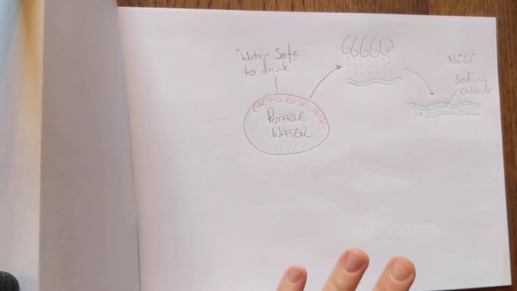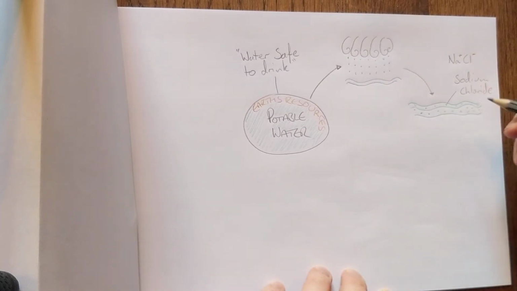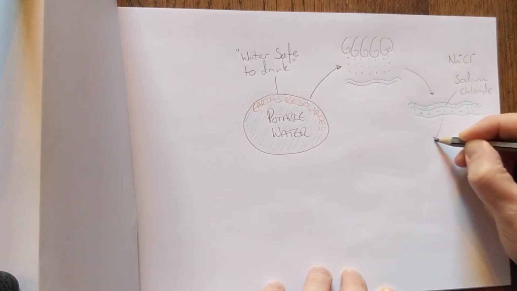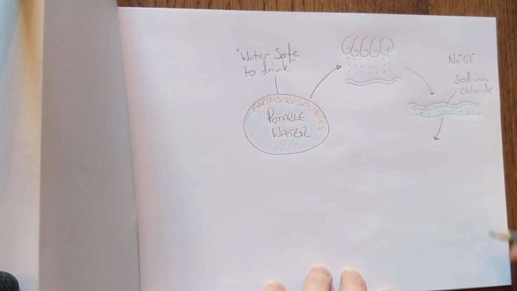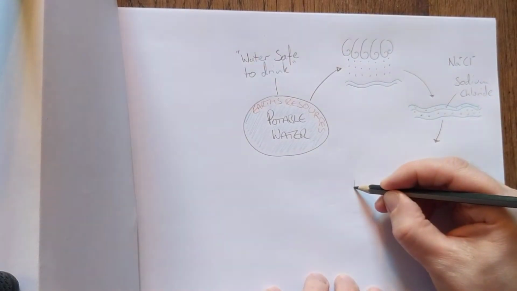So what can we do about this? Well, there are two ways of getting clean, potable water from salty water, or saline solution as you may also hear it, and that is, firstly, distillation.